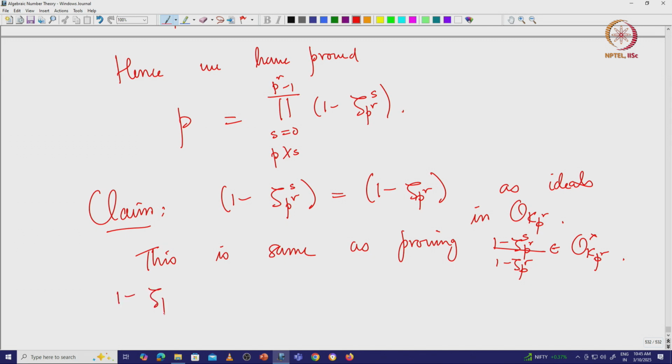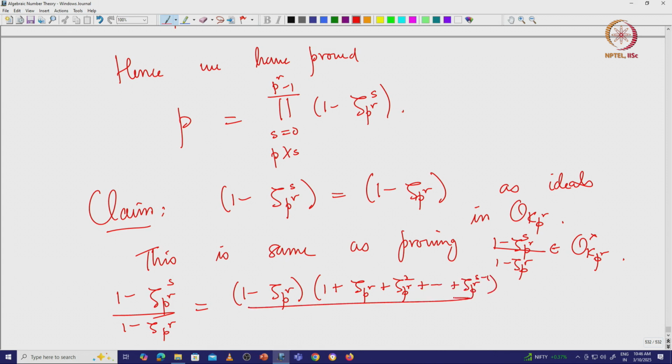So, (1 minus zeta_{p^r} to the s) divided by (1 minus zeta_{p^r}), I can write this as (1 minus zeta_{p^r}) times (1 plus zeta_{p^r} plus zeta_{p^r} squared and so on up to zeta_{p^r} to the s minus 1) divided by (1 minus zeta_{p^r}), and you cancel these two, they are non-zero, and this belongs to O_{K_{p^r}}.